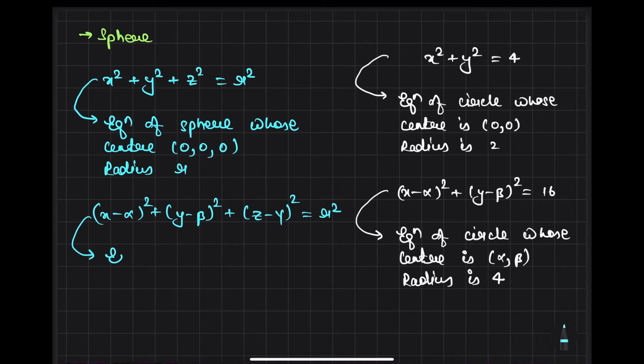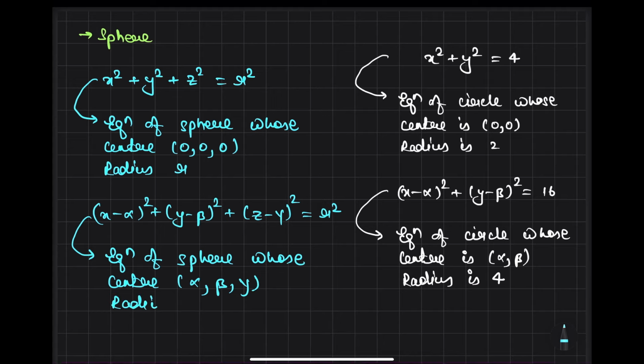Again, the equation of a sphere whose center is, not 0 0 0, sorry, alpha beta gamma. Radius is r. Okay, I hope these things you can remind.